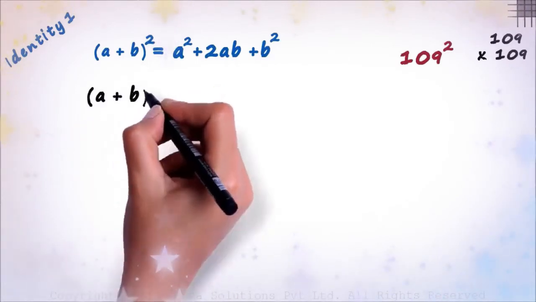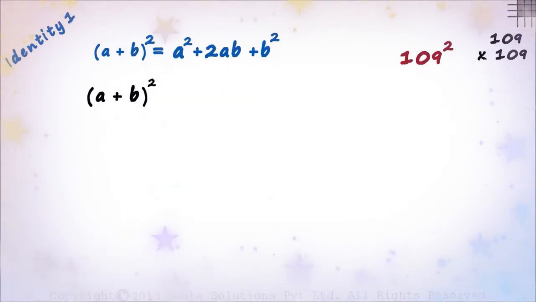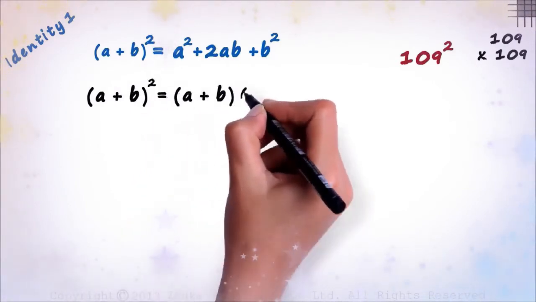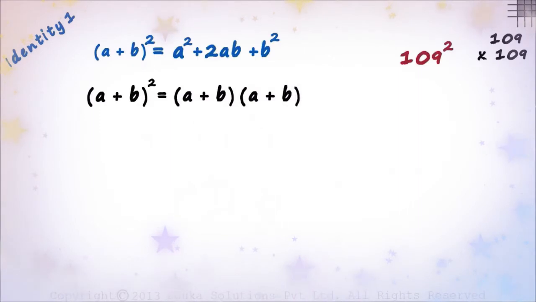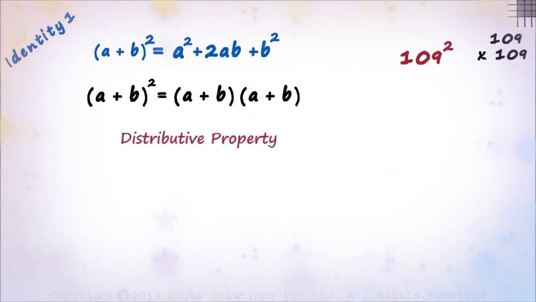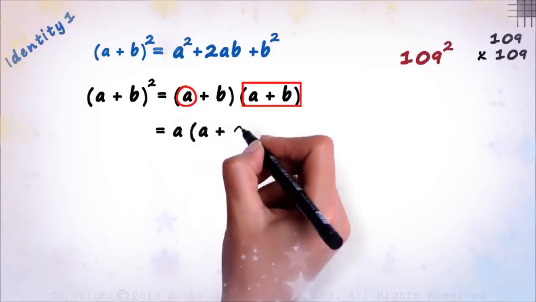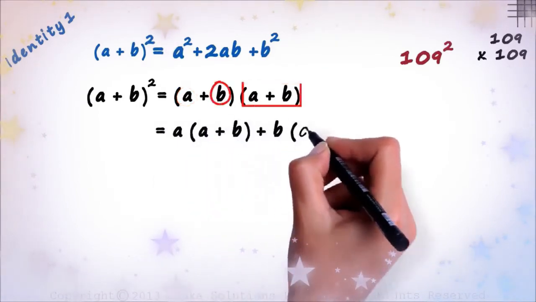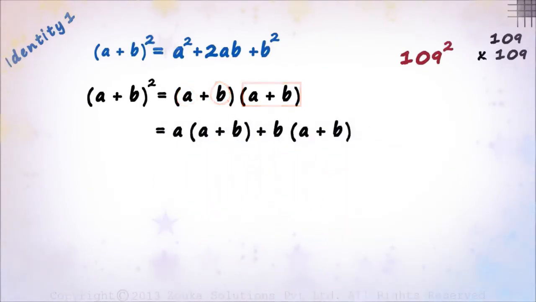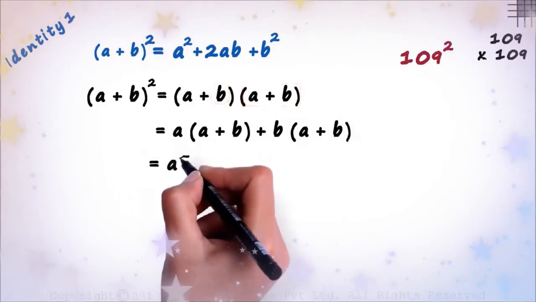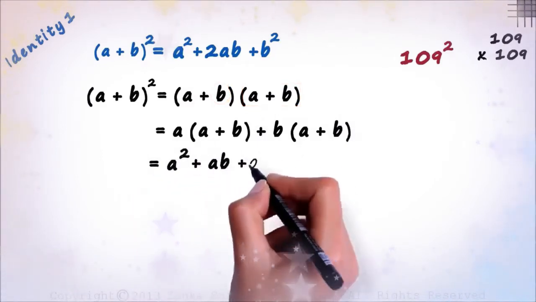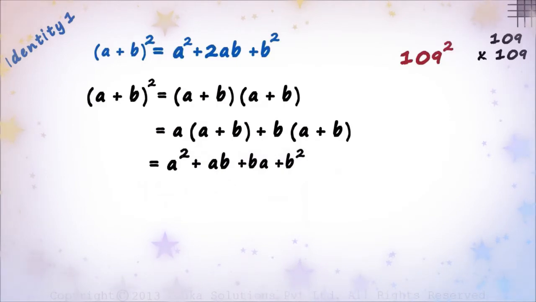(a plus b) the whole squared can also be written as (a plus b) multiplied by (a plus b). Using the distributive property, we can write it as a multiplied by (a plus b) plus b multiplied by (a plus b). We can write it as a squared plus ab plus ba plus b squared.